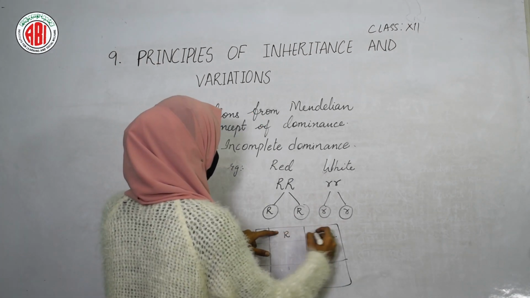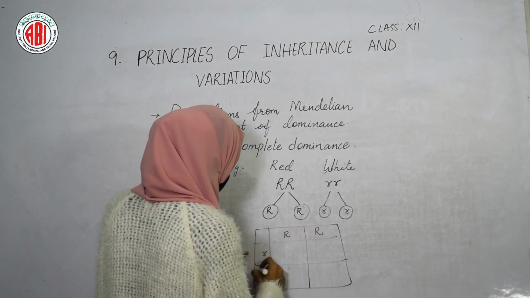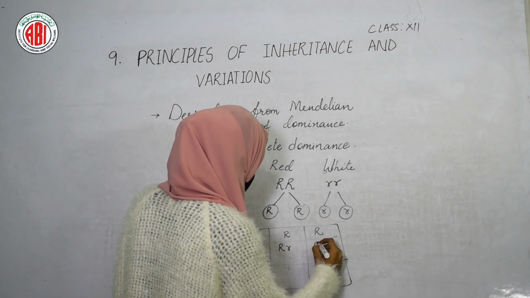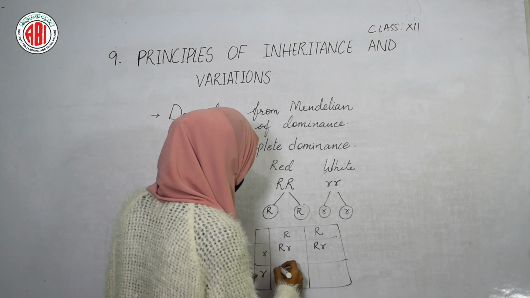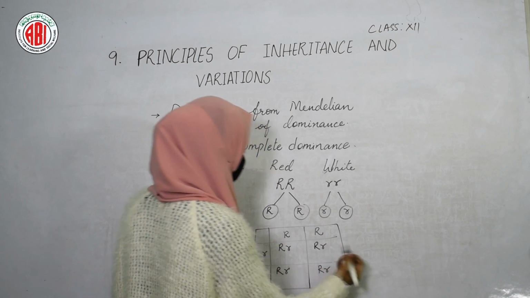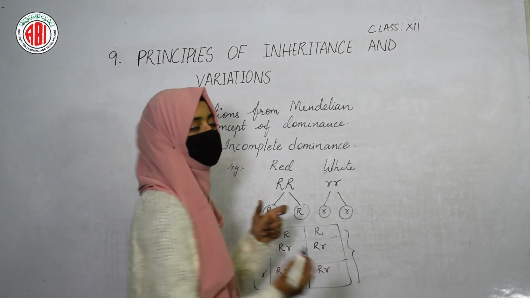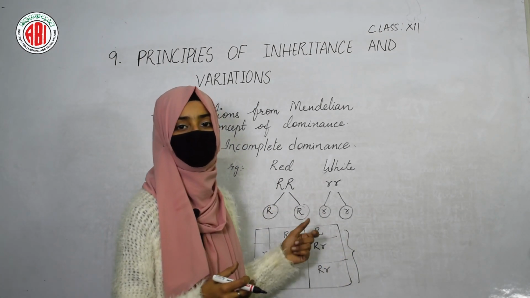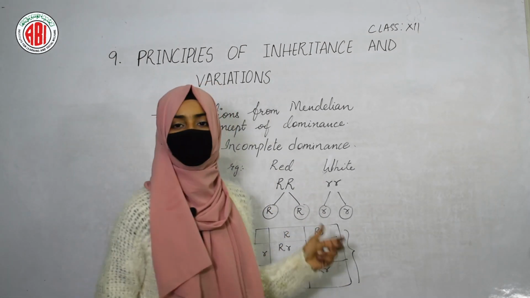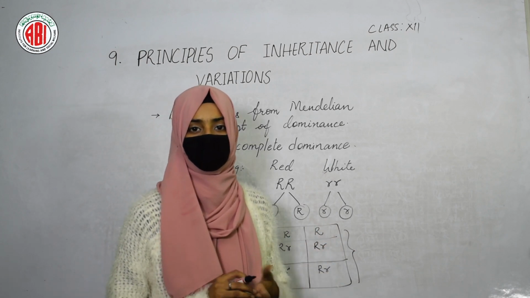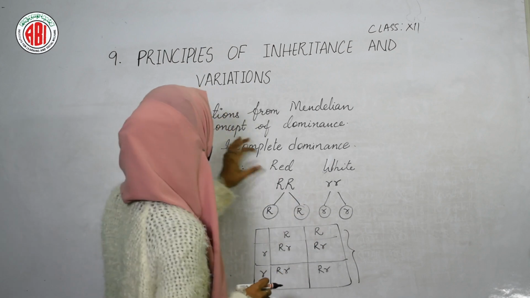Here we will take the gametes of one parent and here the gametes of another parent. Now it will become capital R small r, and here again capital R small r, capital R small r. In the F1 generation, as we have already discussed, the dominant trait is going to be expressed. So according to the law of dominance, all these offsprings should express the dominant character, that is red color.